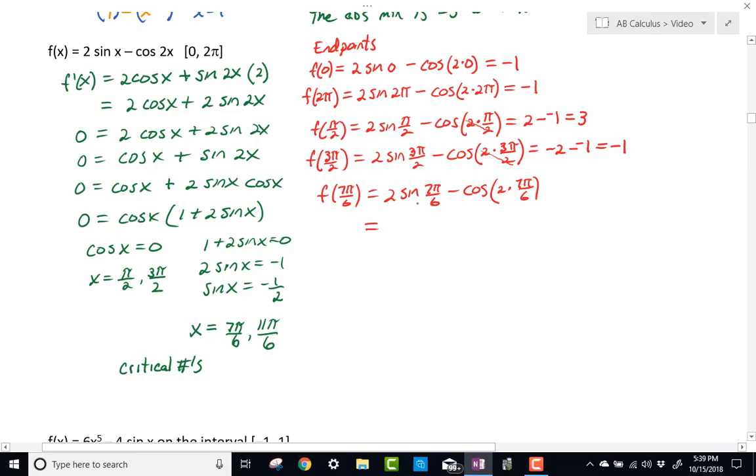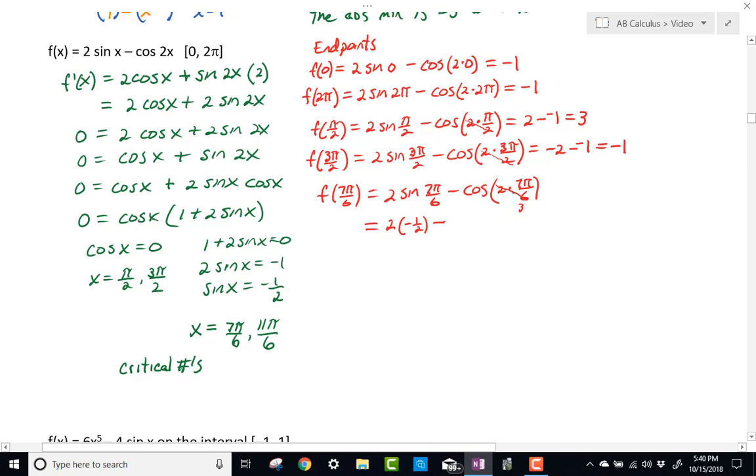Sine of 7 pi over 6, we just solved for this a little bit ago, is in the third quadrant, and so that's -1/2. So we have 2 times -1/2, and then we've got minus cosine, and because the 2 and the 6 are going to cancel out again, that leaves me with 7 pi thirds.